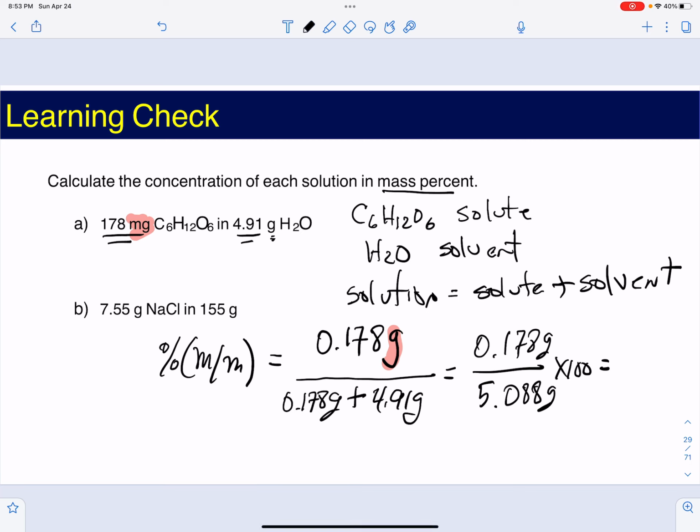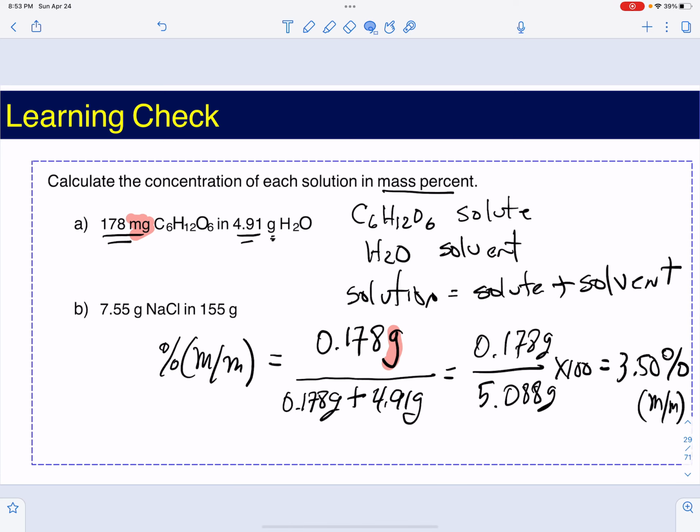And that's going to be 3.50% mass. So this is a solution that is not that concentrated, right? It's just less than 4% concentration of the C6H12O6. Let's do the second one.